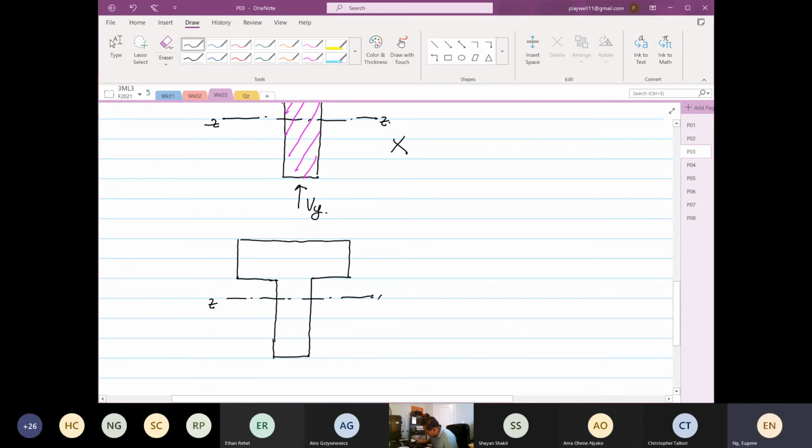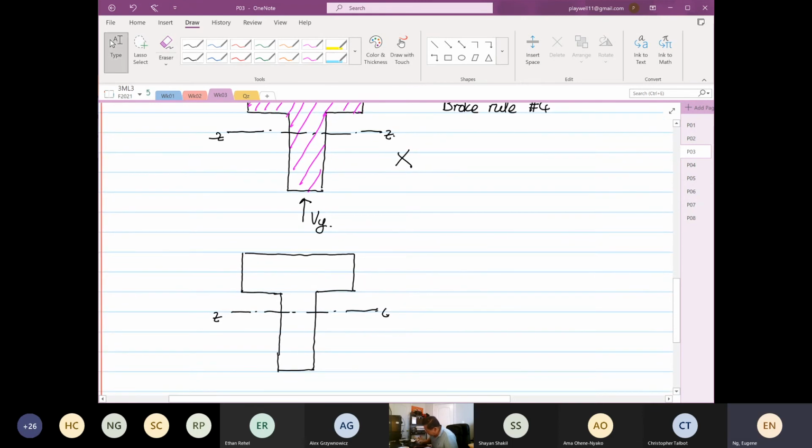So this is still our x, and this is still our point alpha. Eugene says we cannot cross the centroid. So maybe we can do this area.